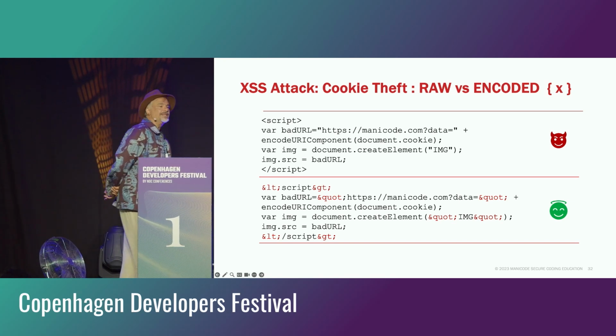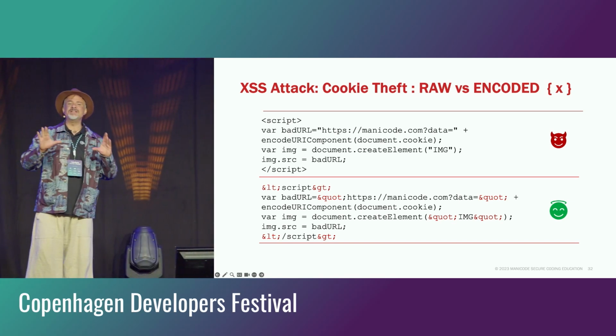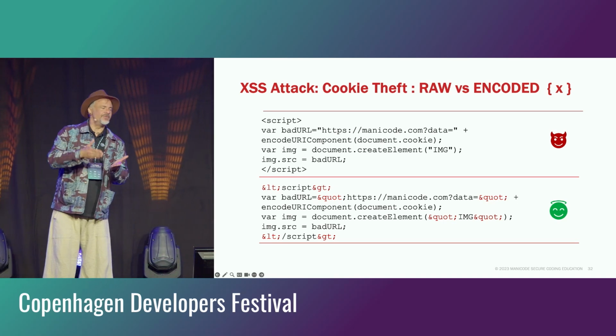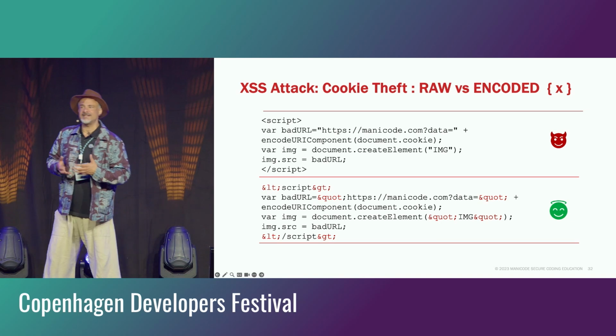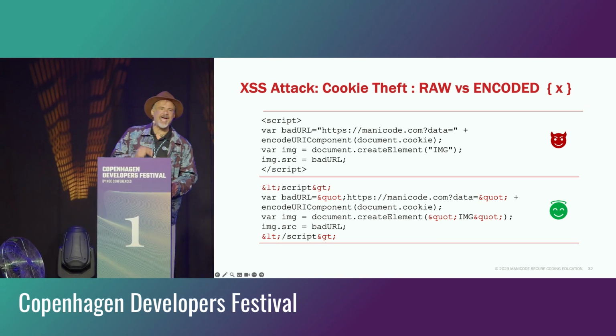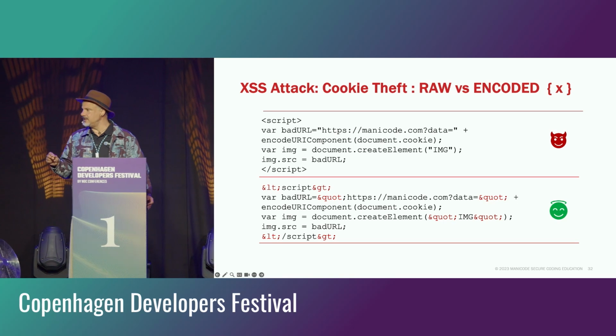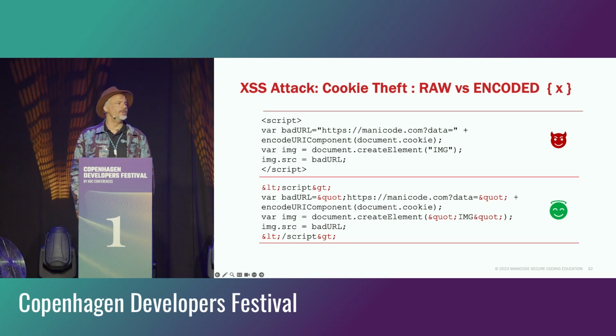The payload at the bottom that's been escaped by React, the code will be displayed on the page, but the payload will not execute. It will just display the code. That's the power of auto-escaping. It will display data exactly like the user typed it in without actually executing that code. Angular, React, Svelte, Vue, all of them, they do this.